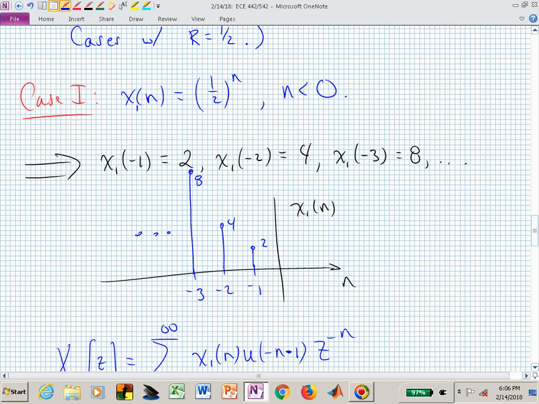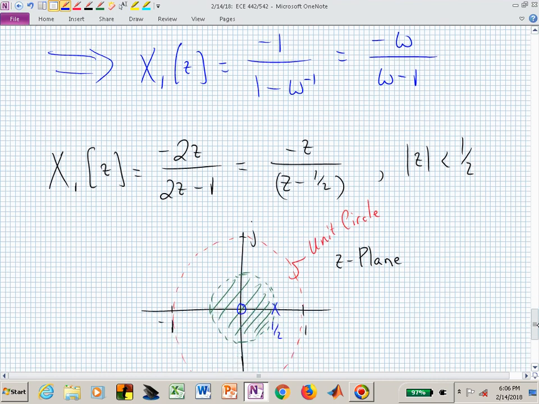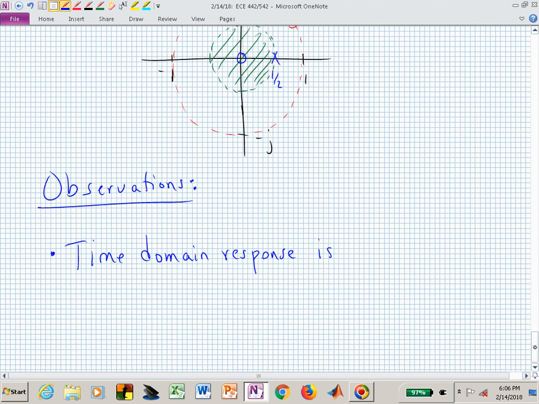What's that time sequence's behavior? Bounded or unbounded? It's unbounded, isn't it? It's going to infinity as time marches towards minus infinity. This is an unbounded time response. So our time domain response is unbounded.